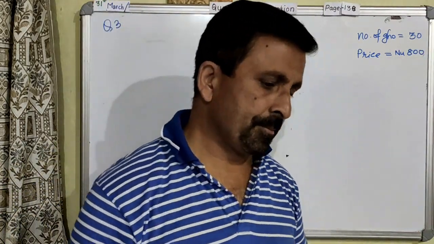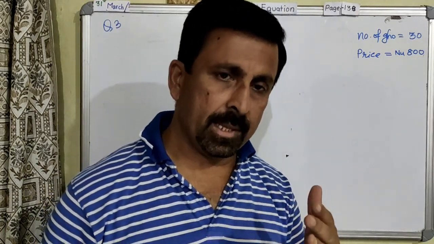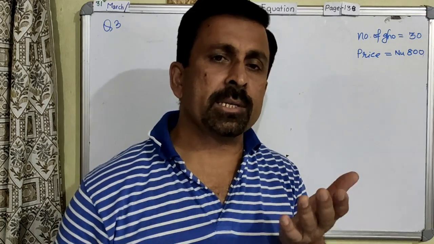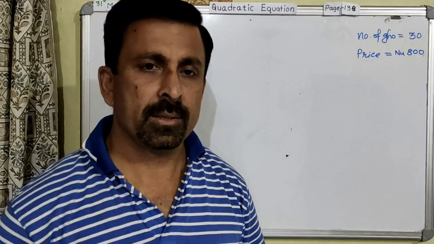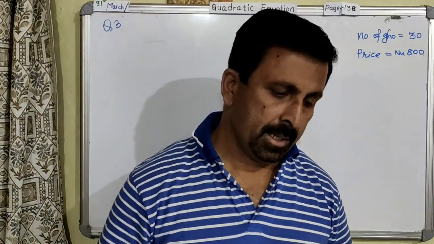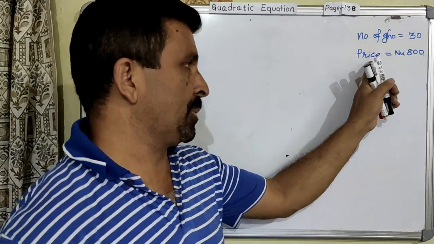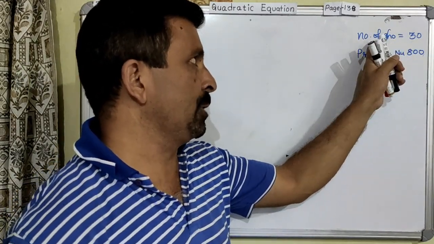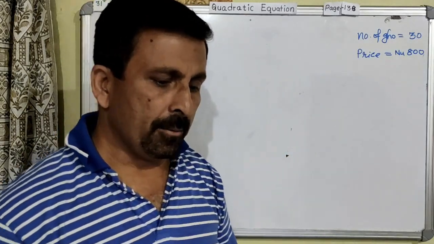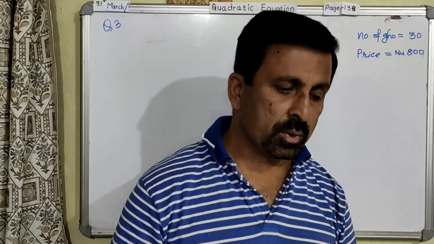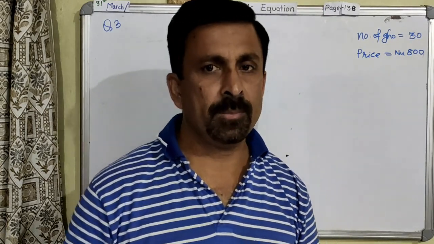Now see his observation. What he observes is how his sale fluctuates when the price of the hoe increases or decreases. Obviously, when the price of the hoe increases, the sale will go down. So this is the first information, that when the price of the hoe is 800, he is able to sell 30. Now, the owner expects to lose one sale each week for every increase in the price of 40.